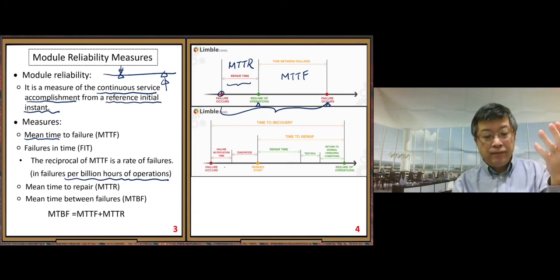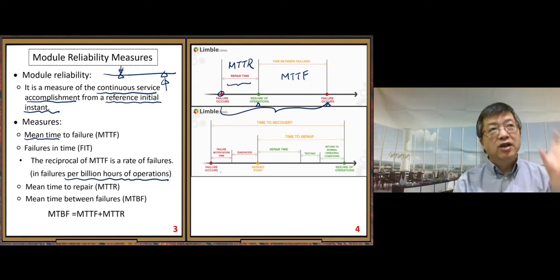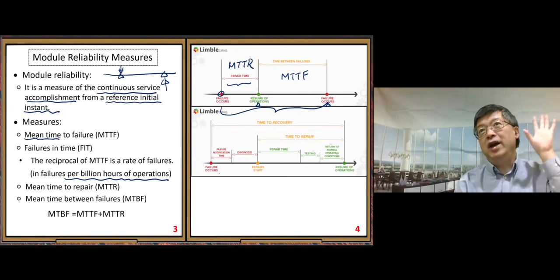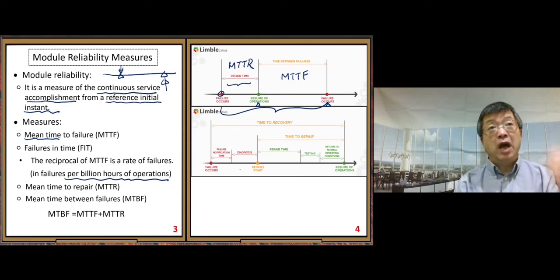Then the customers should notify the service provider something is wrong. You need to send someone or a team to fix the problem. So notification takes time. Then a team comes and works on the problem: diagnosis. You need to spend quite some time on the diagnosis.